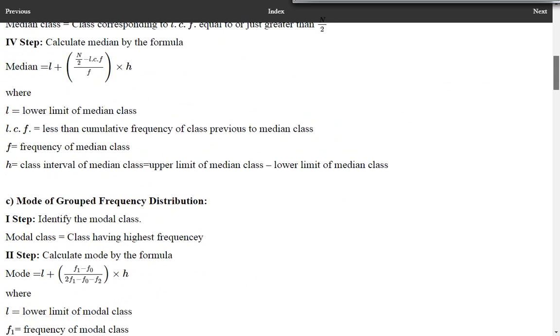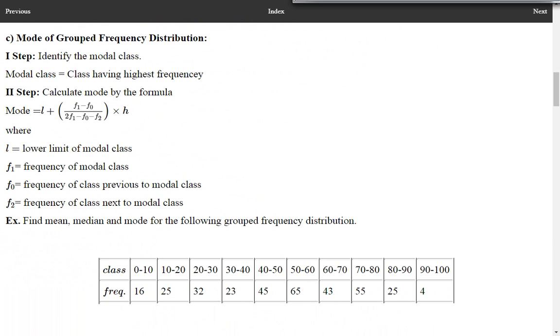Now how to find mode? So in order to find mode, there are two steps. First we have to identify modal class. So modal class is class having highest frequency.